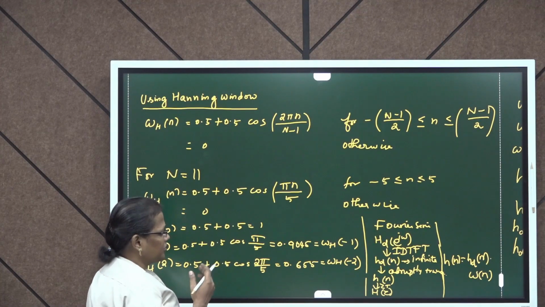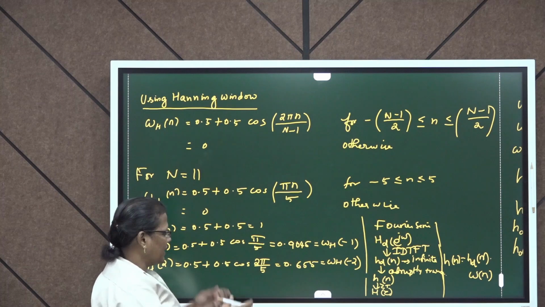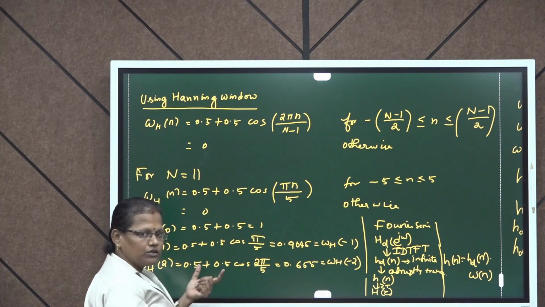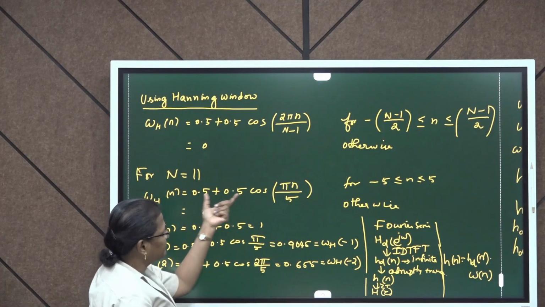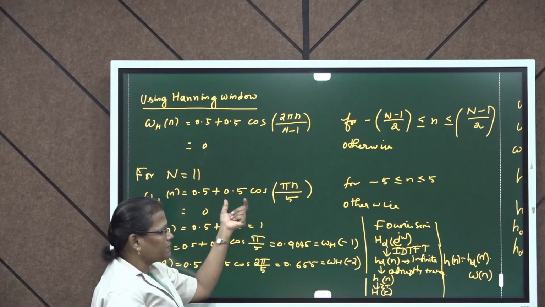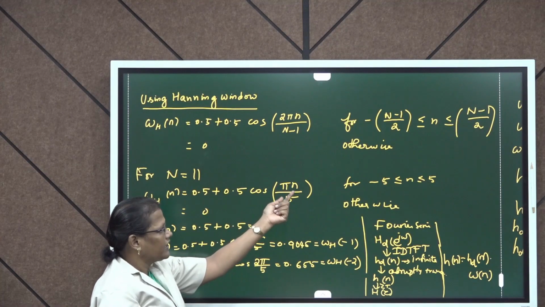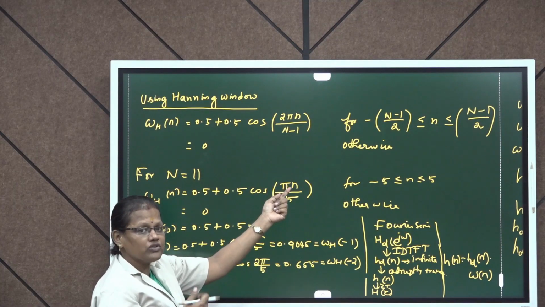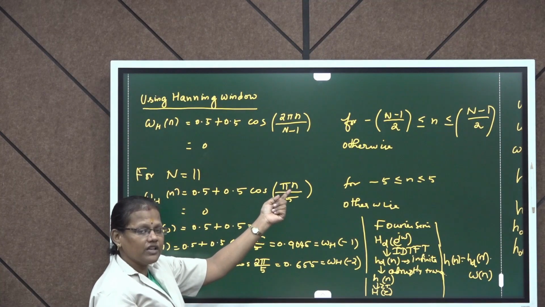You don't want to substitute in each and every equation like this. What you can do is type 0.5 + 0.5 cos in your calculator, with n as the variable, because we are going to change different values for n and calculate.